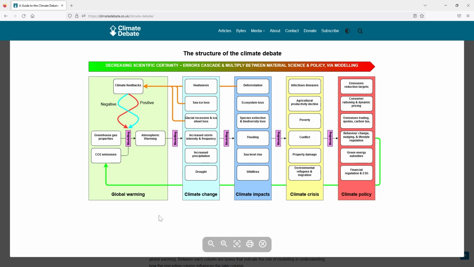So there are 5 categories here, starting with global warming. And actually, global warming is not a very controversial category of claim. Most people who are called skeptics or even called climate change deniers agree that CO2 is a greenhouse gas and that we're putting a lot of CO2 into the atmosphere, which is likely to cause warming.